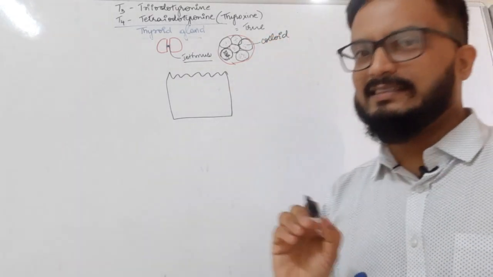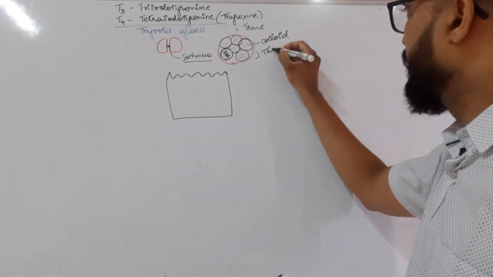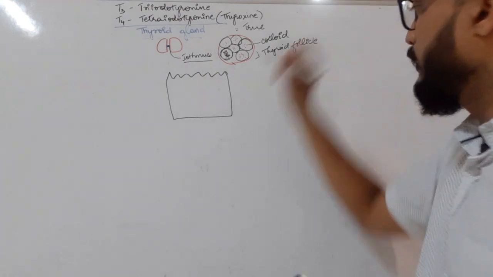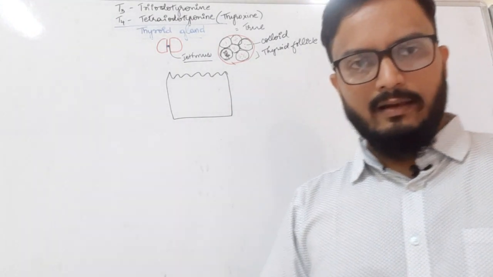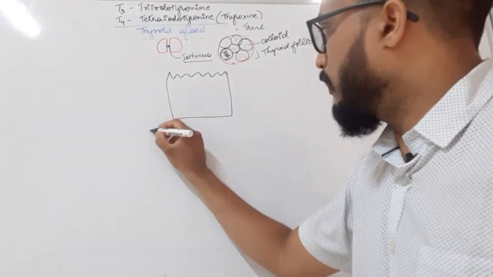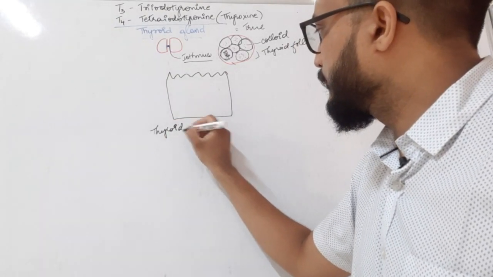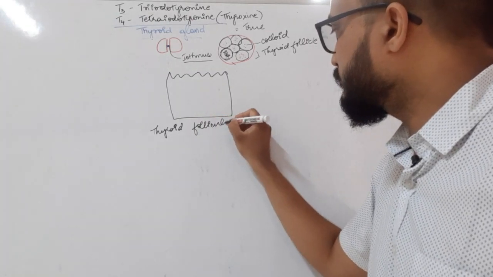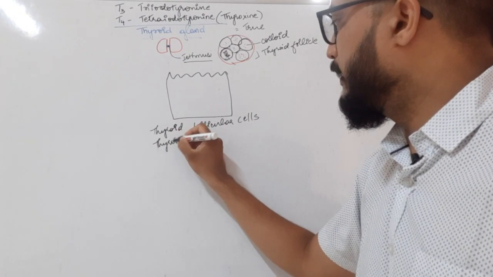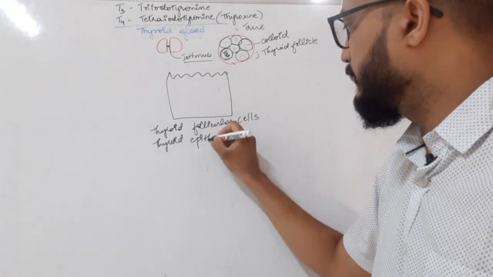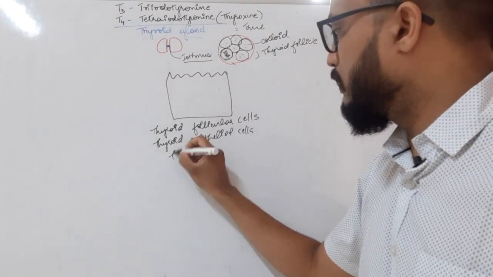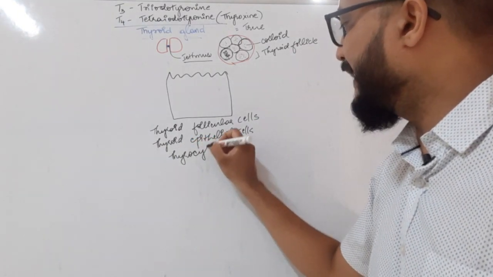So this spherical structure is referred to as the thyroid follicle. Each thyroid follicle consists of a group of thyroid follicular cells, also referred to as thyroid epithelial cells, or thyrocytes.